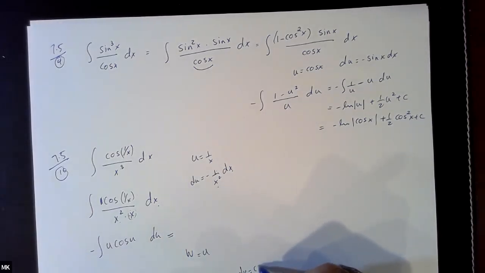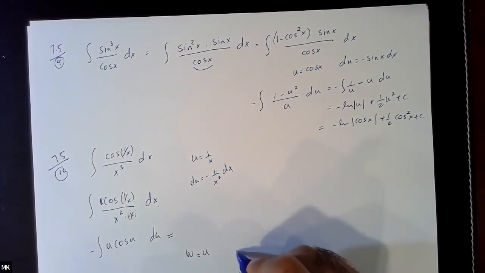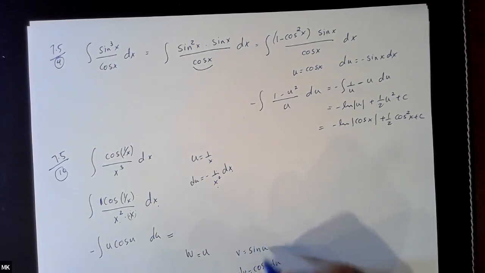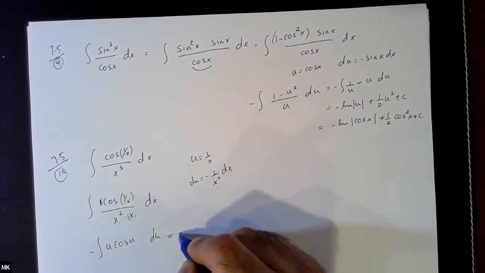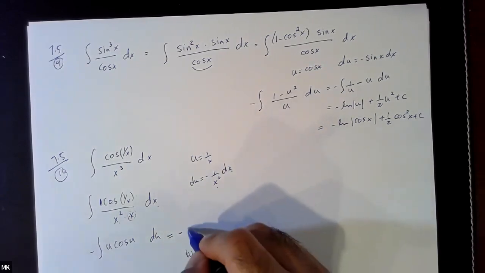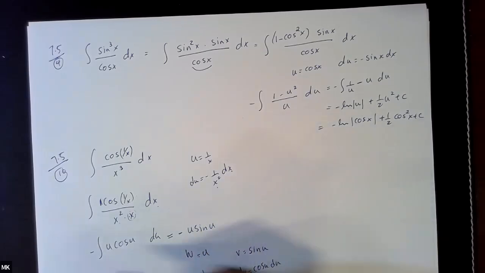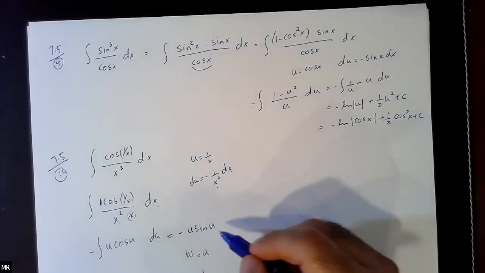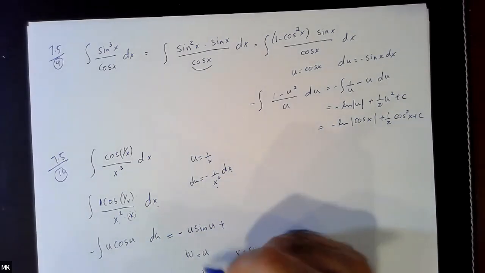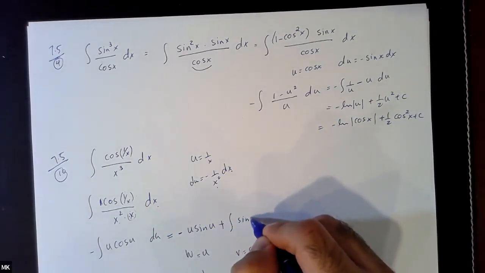And dv is cosine u du. v will be sine u. dw is du. So it's negative u sine u because of the negative. And then there's a minus that becomes plus, integral of sine u du.